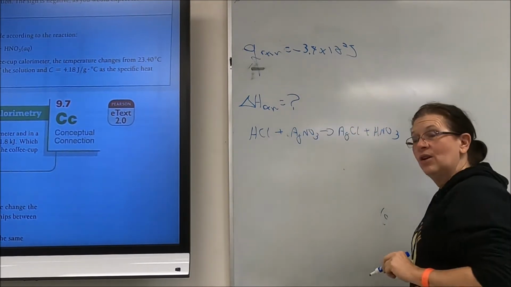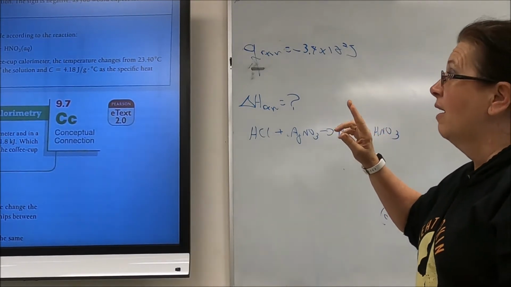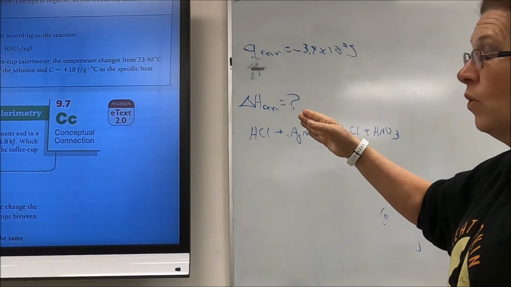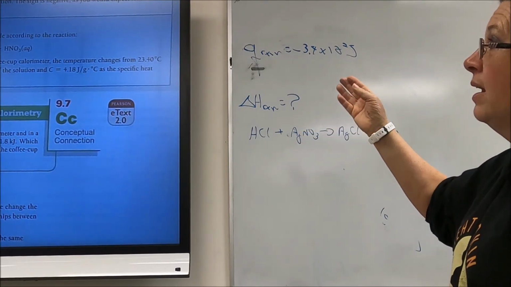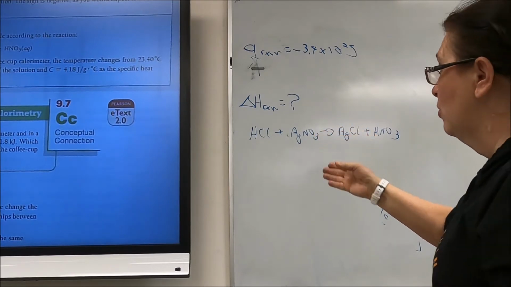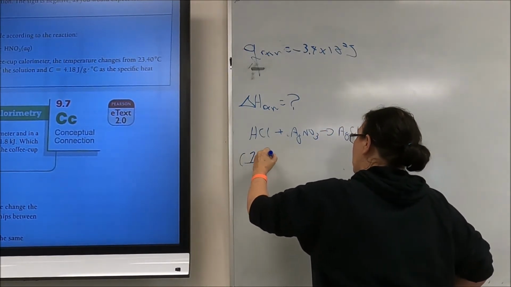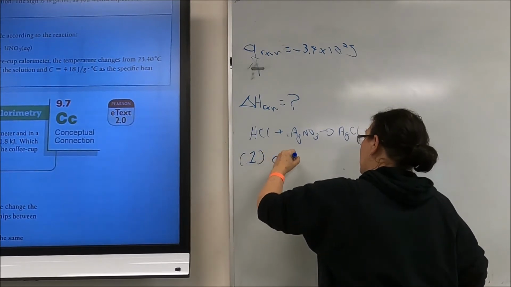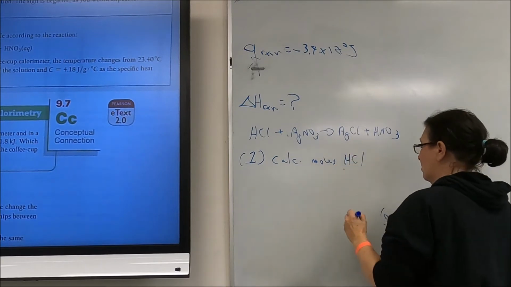This is the amount of energy released from the reaction of the 50 milliliters of the 0.1 molar HCl with 50 milliliters of 0.1 molar silver nitrate solution. So the first thing I'm going to need to do here is calculate moles of HCl.